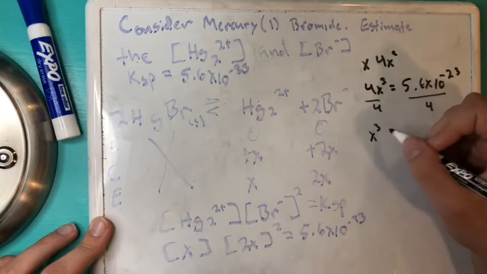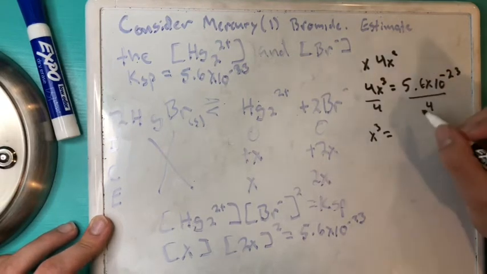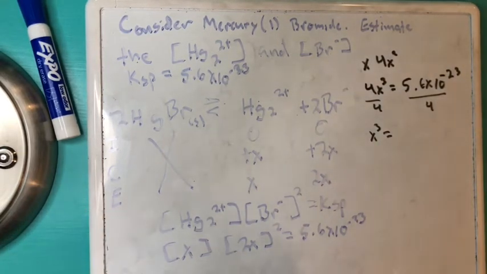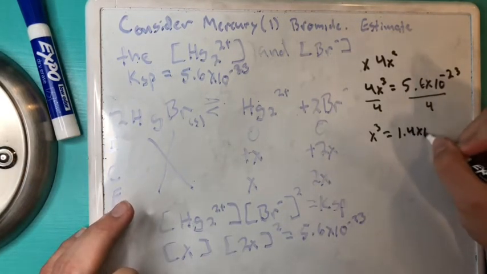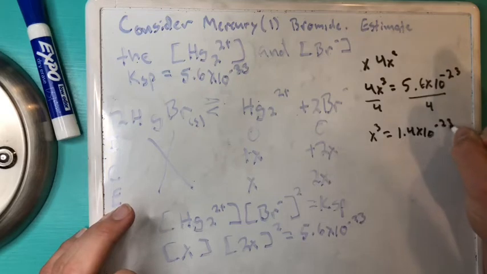We get x cubed equals this, which is, one sec, let me do it on my calculator. Which is 1.4 times 10 to the negative 23.